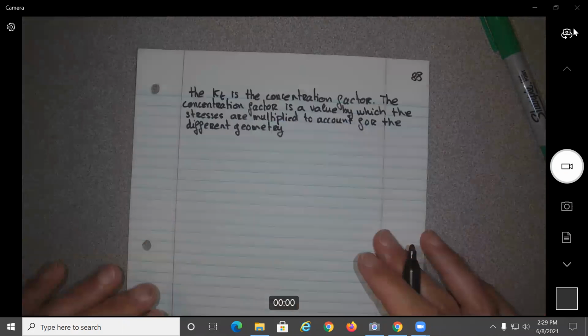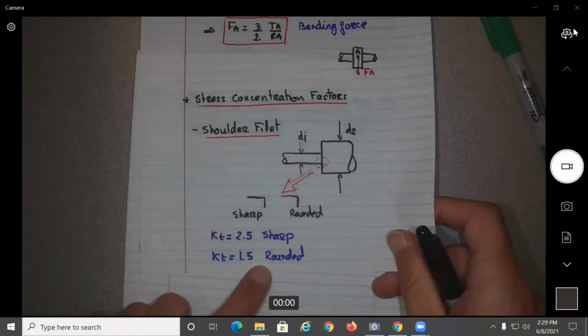Okay, so if it's sharp, it's 2.5. If it's well rounded, you will take 1.5.